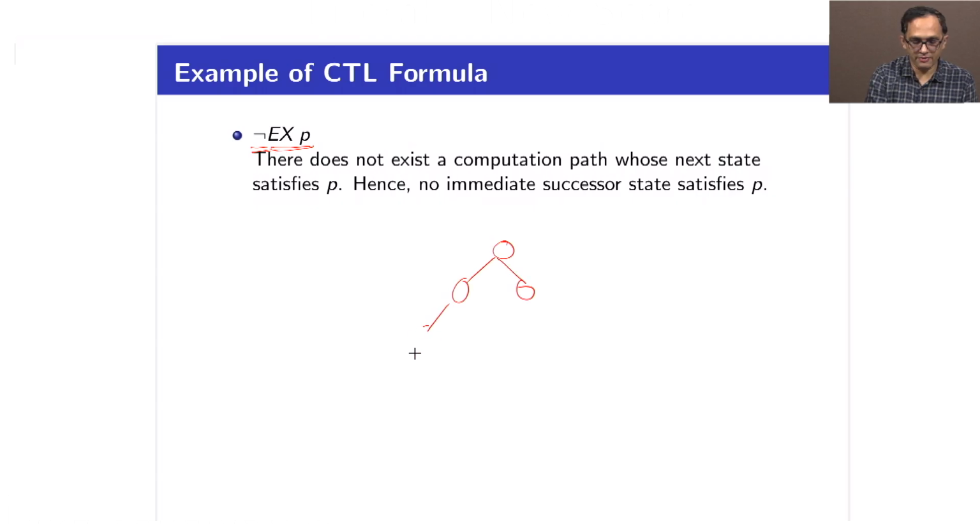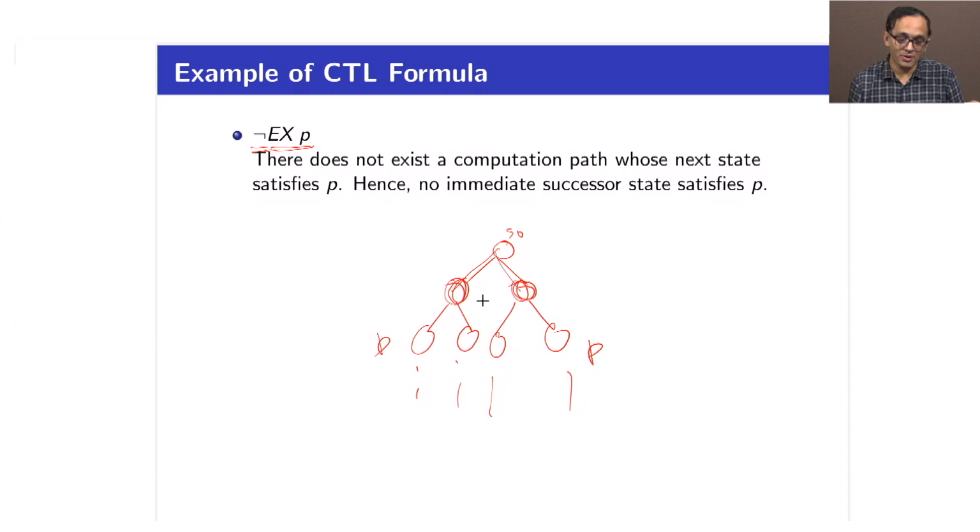Let us say I have this computation tree, and P holds here, P holds here, but P does not hold in this state or this state, and this is my S0. Now I can see that in this next state P does not hold, and in this next state P does not hold. So, there does not exist any path in which in the next state P holds, and then I can write this: model S0 satisfies negation of E X P. Okay. This is understood.